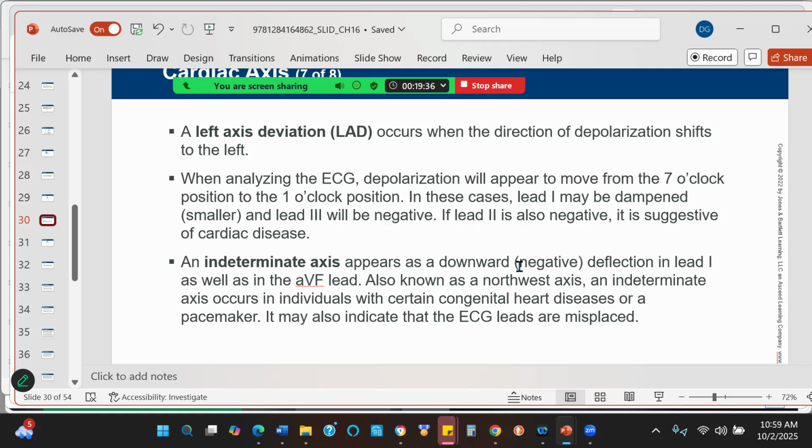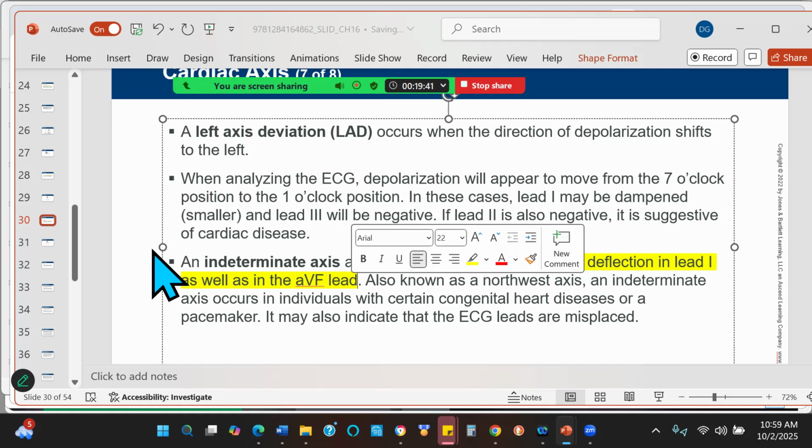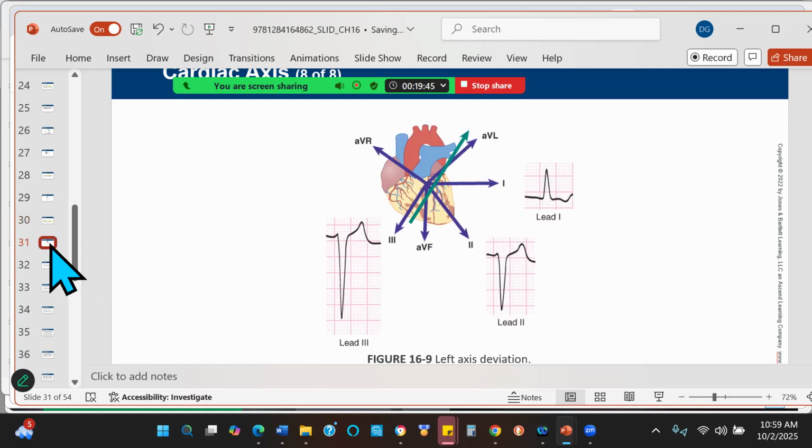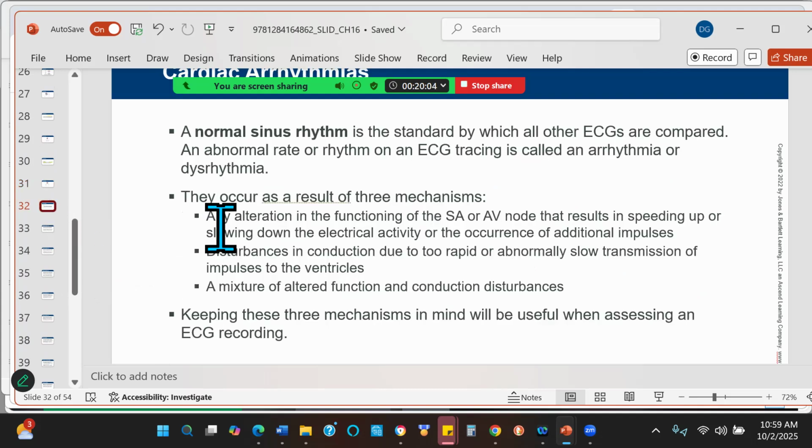That is downward, negative deflection in lead AVF. Now, I got to be honest with you, most respiratory therapists do not deal with the heart axis on a day-to-day basis. But what you'll see is that leads that should be upright are now downward. And there's a reason for that. Maybe a previous heart attack, maybe enlargement of the left ventricle or the right ventricle. And that's about all you need to know about that.